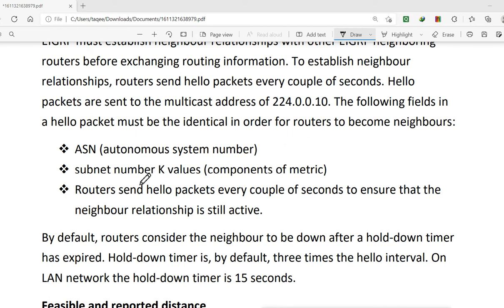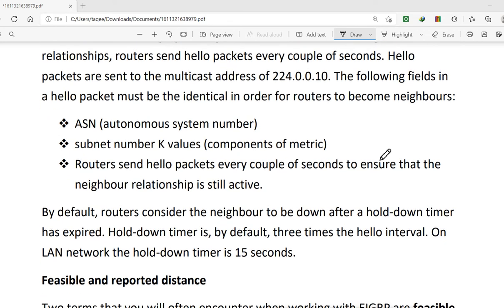Then routers send hello packets every couple of seconds to ensure that the neighbor relationship is still alive, and the hello packet interval must be the same in both neighboring routers to create the neighborship. By default a router considers the neighbor to be down after the hold down timer has expired, and the hold down timer is by default 3 times the hello interval.